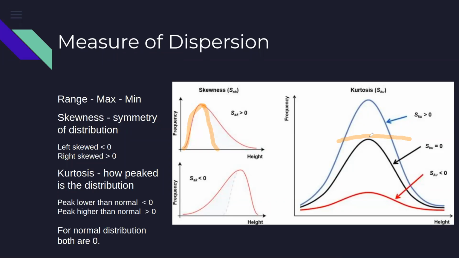If it is more peaked, then the kurtosis would be positive. If it is less peaked, like the bottom one, then the kurtosis would be negative. For both of these measures, if the values go beyond +1 or -1, then we say that our data is non-normal.